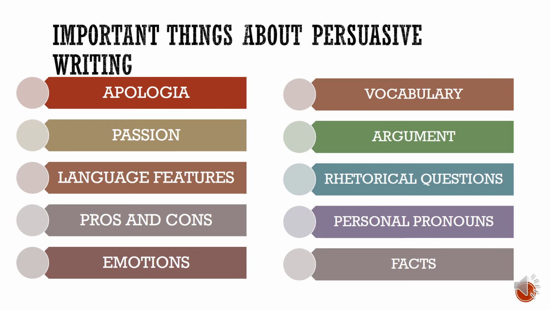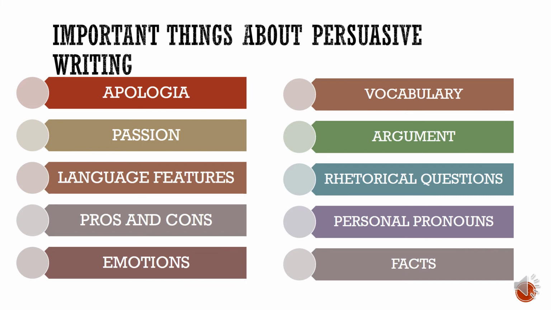So, in terms of language features, the use of correct words should also be something that you need to consider in writing your persuasive essay. The next one is pros and cons, the positive and negative. So remember, in writing your persuasive essay, you should cite both. You should cite the positive and negative about the topic, okay?